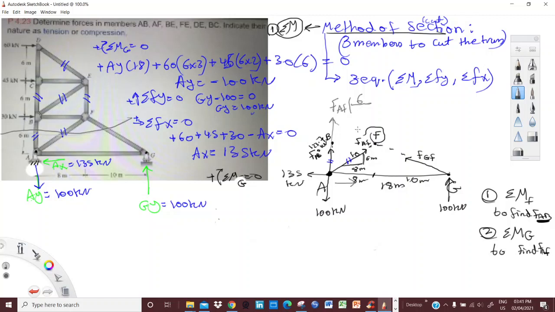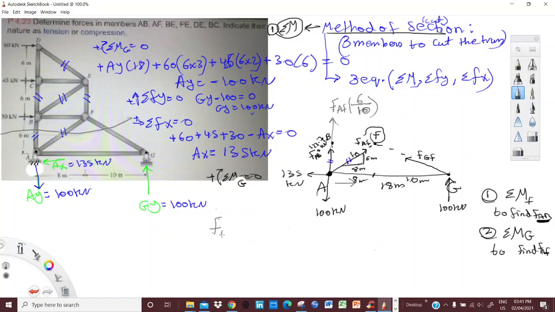6 meter, corresponding to the y-axis, over the hypotenuse, which is 10. So it's going to be this plus this, clockwise.